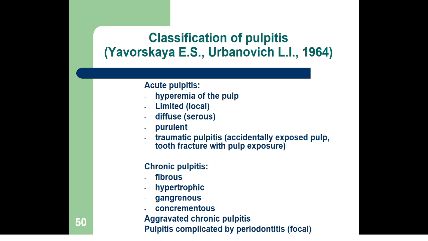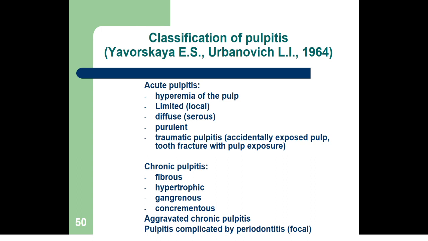And acute pulpitis they divided into different forms. The first form is hyperemia of the pulp, limited or local pulpitis, diffuse or serous pulpitis, purulent pulpitis, or pulpitis caused by traumatic factors, traumatic pulpitis.